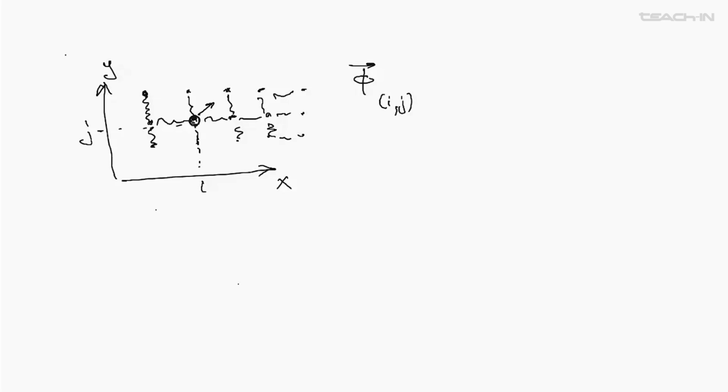Then further on, you can go to 3 dimensions, and you can imagine that now you have a system of these oscillators in 3 dimensions, naturally connected again by springs, like this.